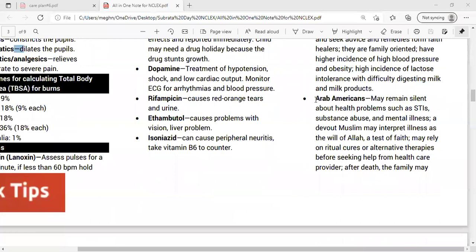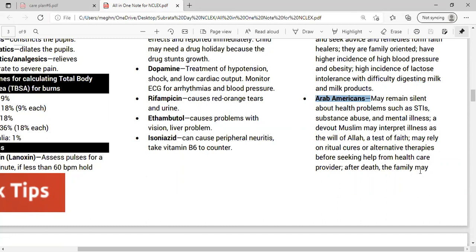In case of Arab Americans, they may remain silent about health problems such as sexually transmitted infections, substance abuse, or mental illness. Devout Muslims may interpret illness as the will of Allah, a test of faith, or may rely on alternative therapies before looking for help from a healthcare provider.